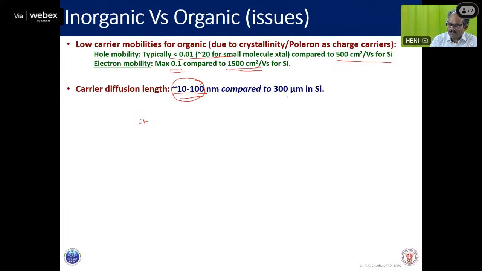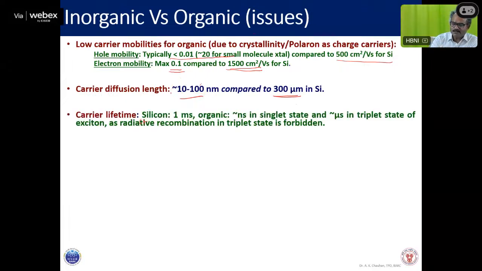However, in the case of silicon, if an electron hole pair is generated, it will move up to 300 micron before it recombines, and this is an average value. So carrier diffusion length is that average value after which the electron hole pair recombines.